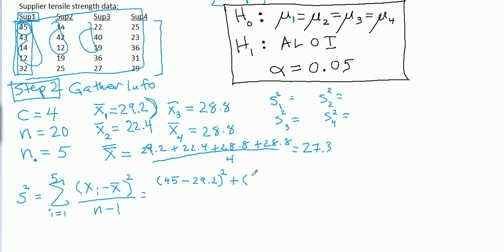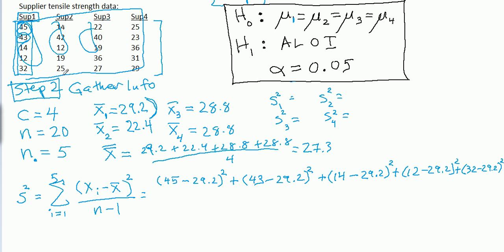I go to the next one, 43, that's this number here, minus the mean, that doesn't change, squared, plus the next one, 14 minus 29.2 squared, 12 minus 29.2 squared, and finally we're just going to make it 32 minus 29.2 squared.